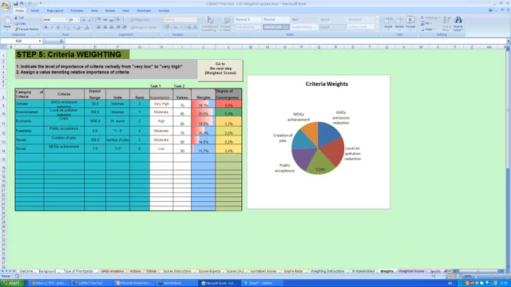Then based on that, we have incorporated both the scores of our actions, of our measures, and the criteria weights, and then we can have the final results.